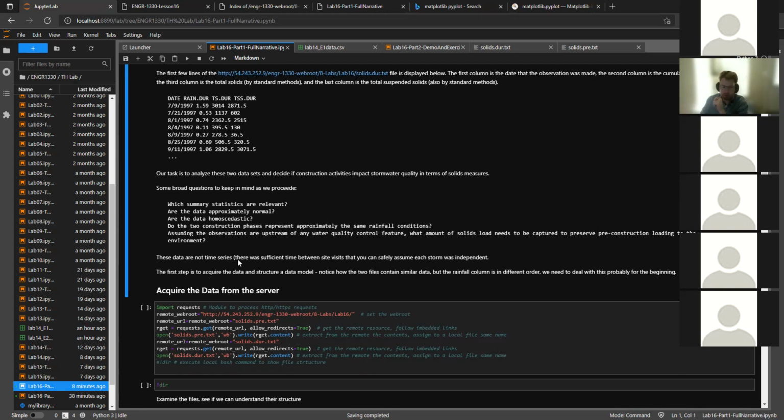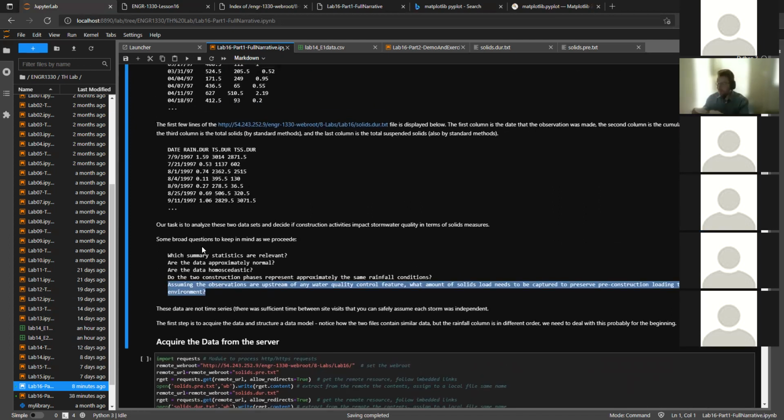The data are not time series. There was sufficient time between site visits that you can safely assume each storm was independent. Meaning, well, let me ask you guys. Think about a situation in the climate where it wouldn't be fair to the workers if my two data sets came from something weird that could happen, where I could choose the time to go and it be not fair to them?